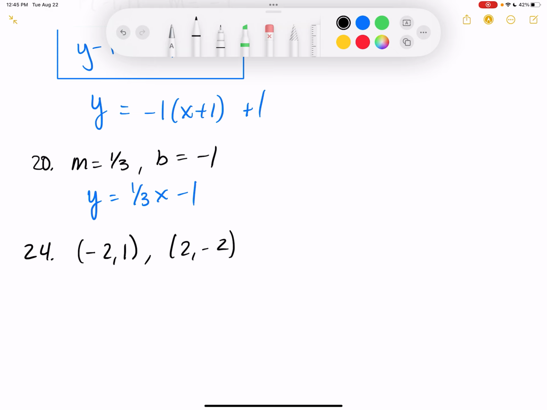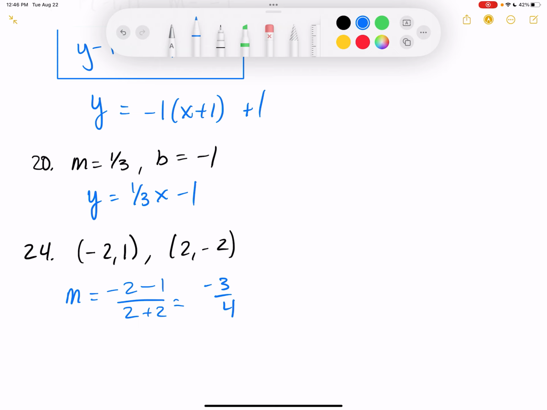Find the slope, which would be -2 minus 1 over 2 plus 2, so -3/4. Okay, now what?